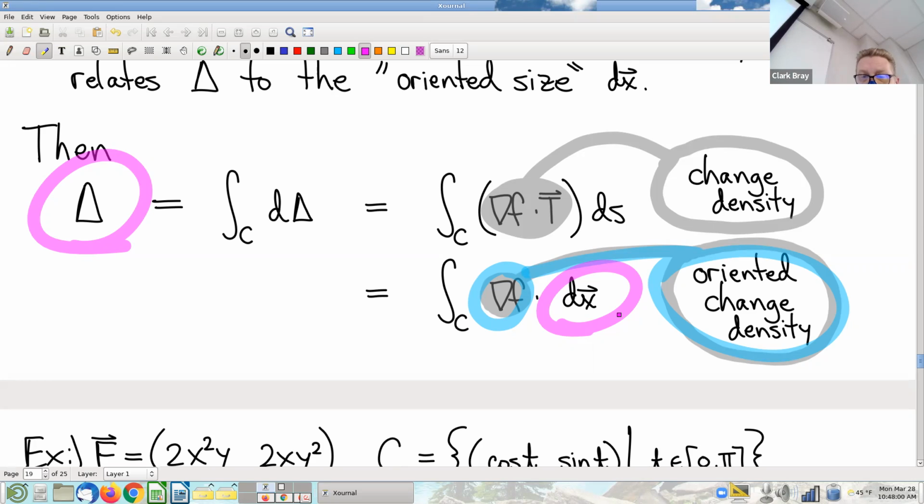So this is an oriented notion of size in some sense. And notice that the gradient itself is a vector, so it itself is also oriented. The gradient is telling you not just how fast the function is changing, by the magnitude of the gradient, it's also telling you in which direction the function is changing.